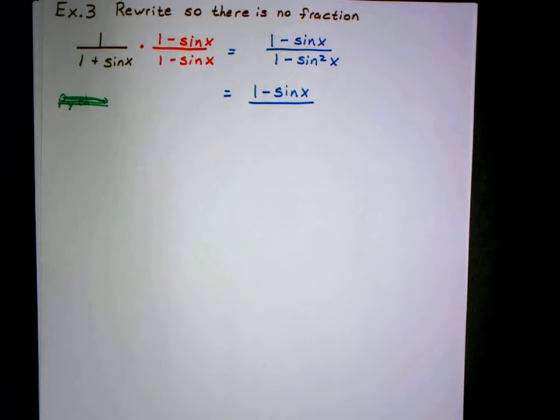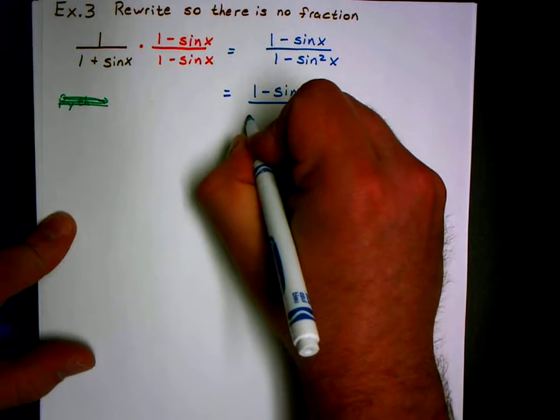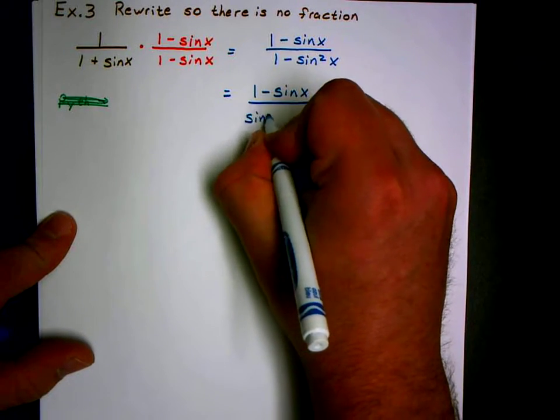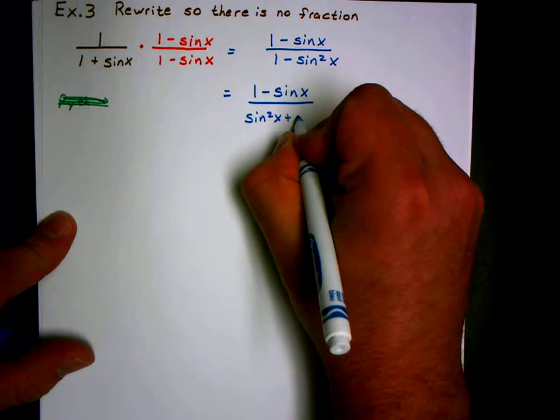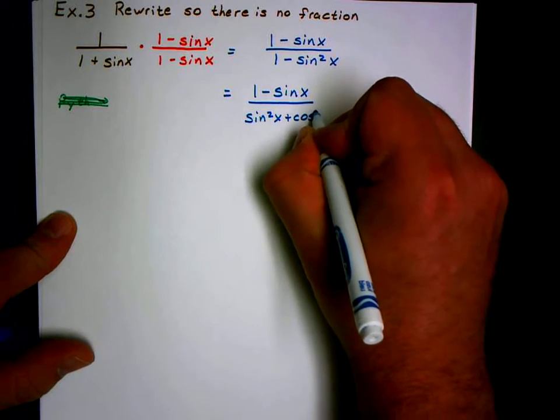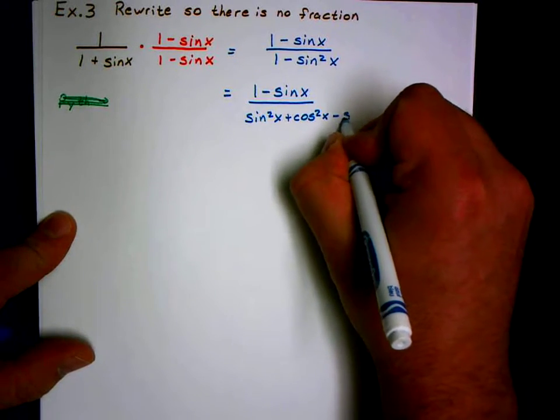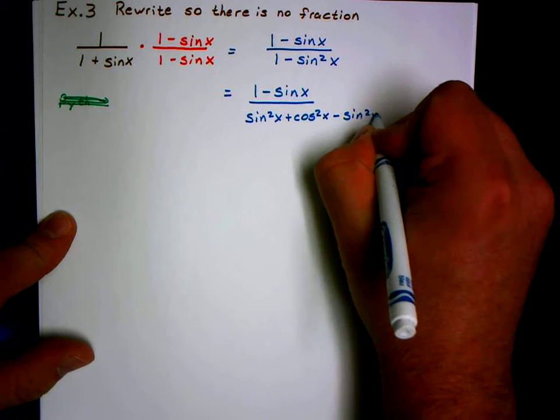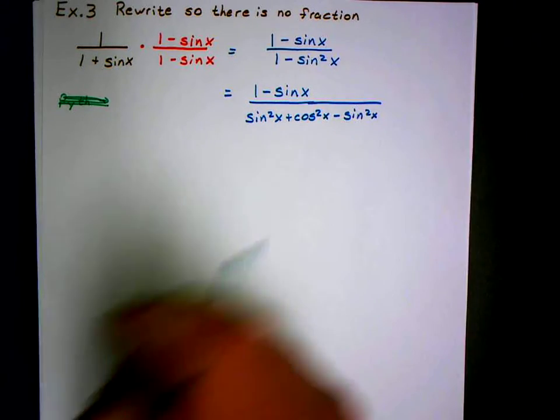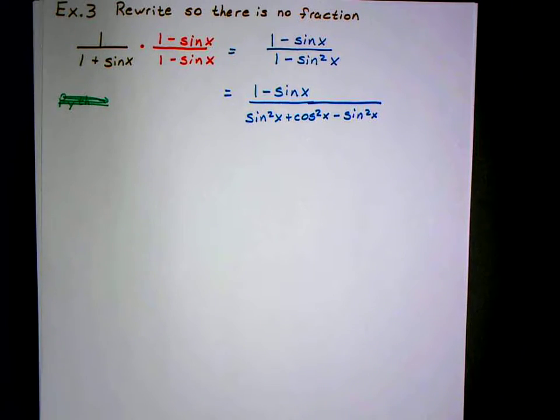Okay, Pythagorean. What does 1 equal in your Pythagorean? Sine squared plus cosine squared. Right? Pythagorean is sine squared x plus cosine squared x equals 1. So I'm going to take out the 1 and replace it with that.